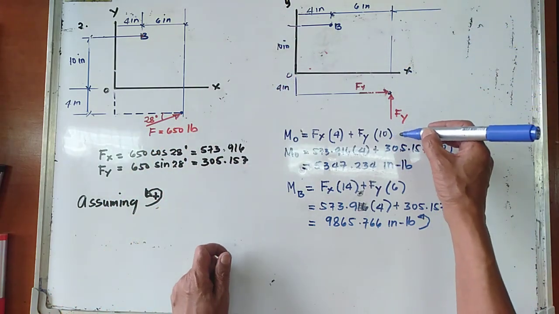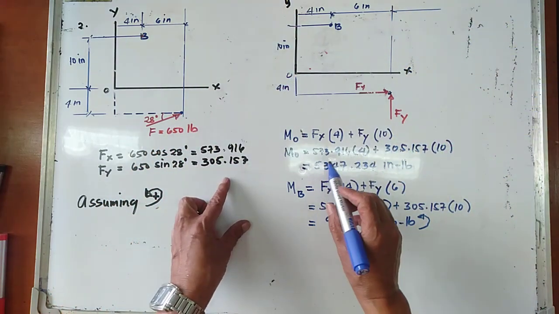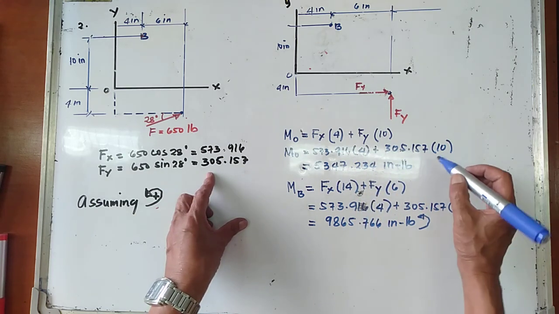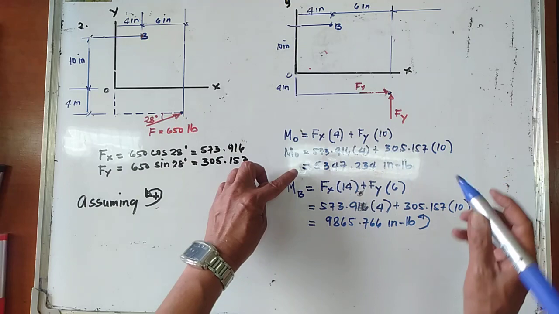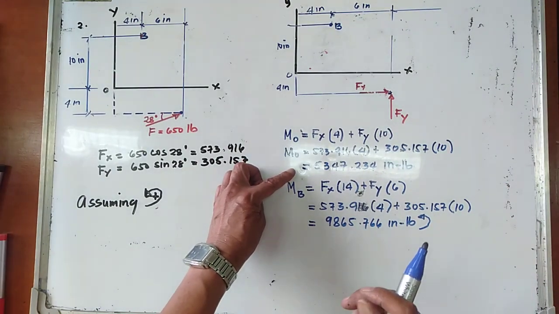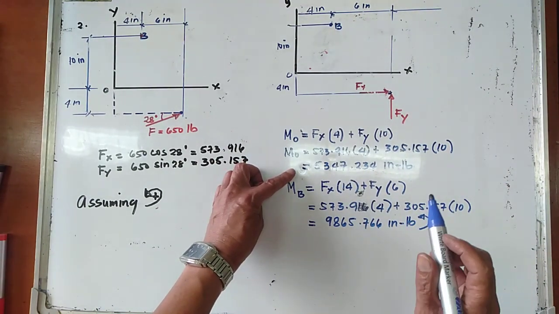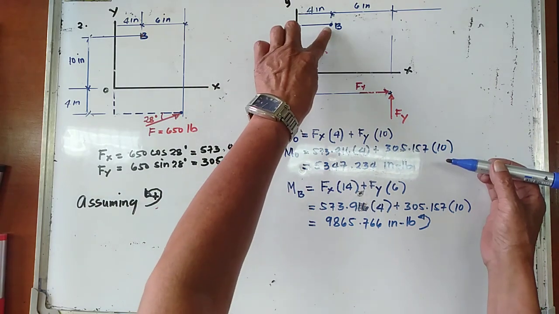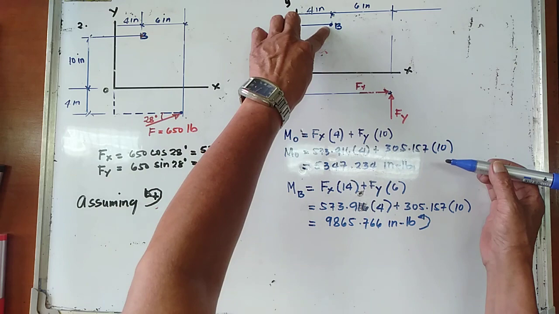So we have 10 inches. Now, 573.916 by 4 plus 305.157 by 10, that is 5347.234 pounds.